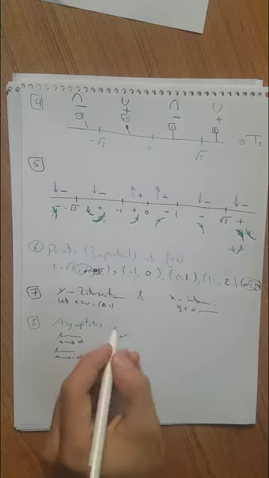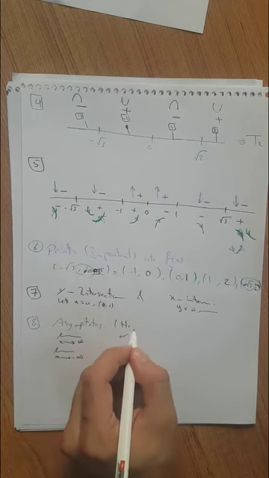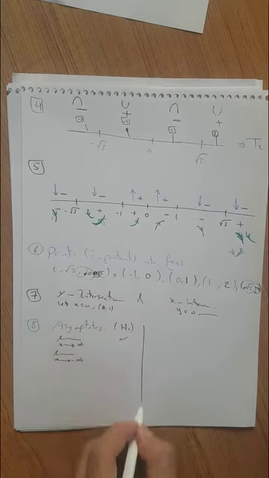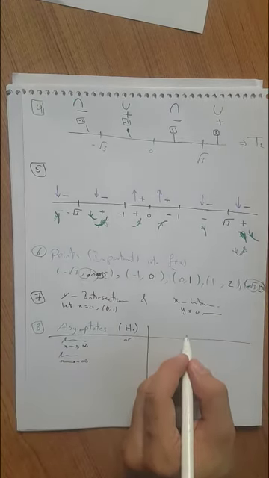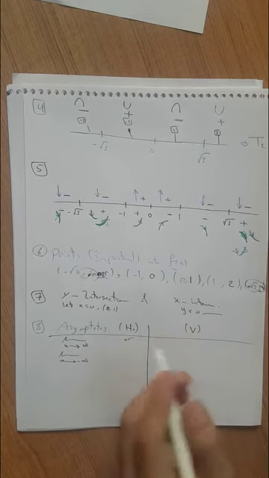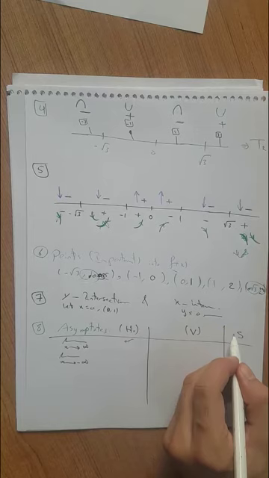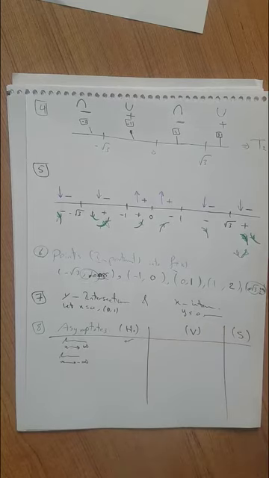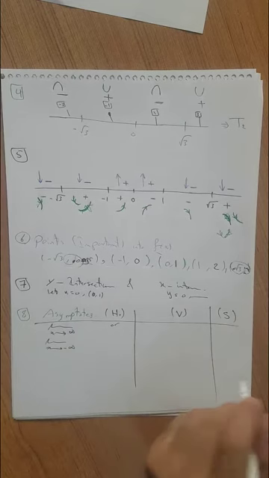This is for the horizontal asymptote, the first part of the asymptotes. And also we have the vertical asymptote, and if applicable we also have a slant asymptote. We mentioned it in the limits in chapter 3.